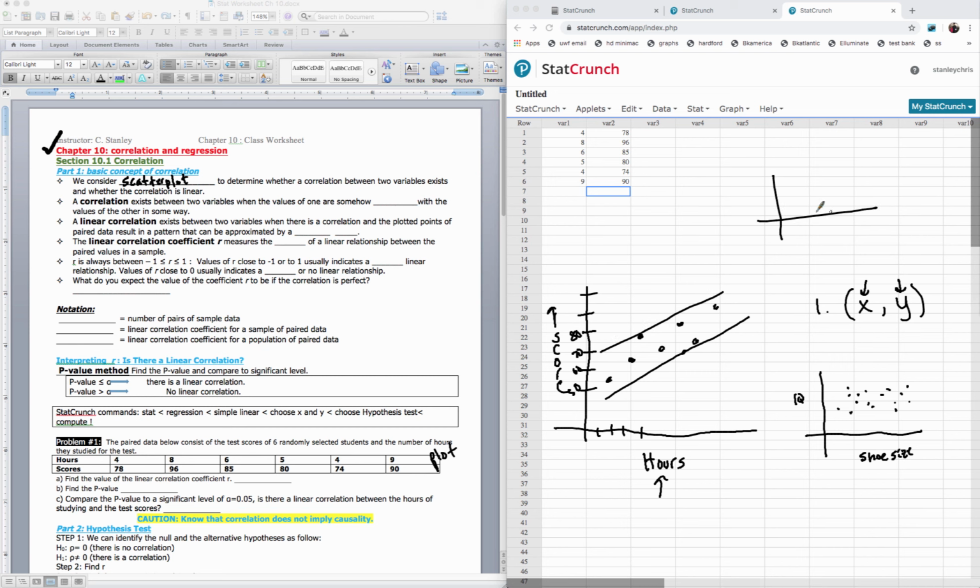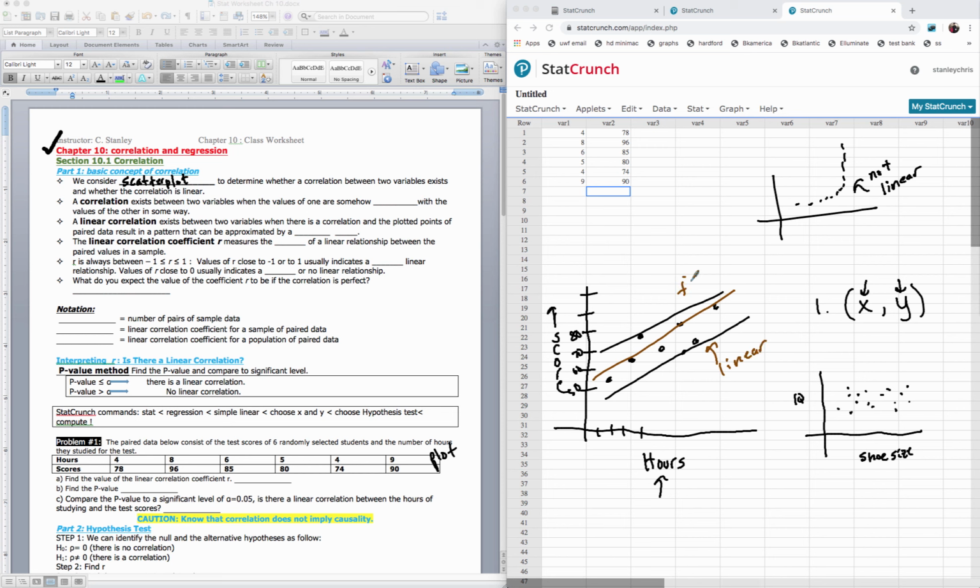Now there could be an association like this too. That's an association also, because you could see some sort of form, but in this case it would not be linear. Linear means that the association is in a line, where this one you could see is trending upward in a line. So this is linear.